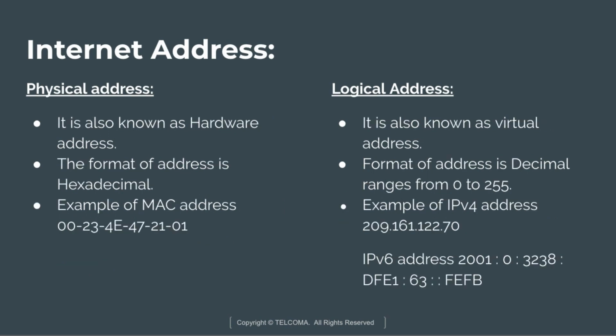Physical addresses are also known as hardware addresses, and logical addresses are also known as virtual addresses. The format of physical addresses is hexadecimal, whereas the format of logical addresses is decimal, ranging from 0 to 255.